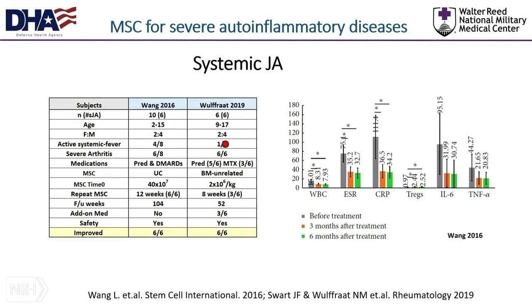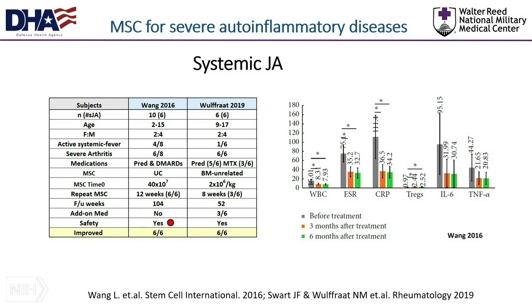So these were mostly chronic arthritis patients, and they were on systemic medications. They got unrelated mesenchymal stem cell treatment with repeat infusions, and follow-up was up to 2 years.